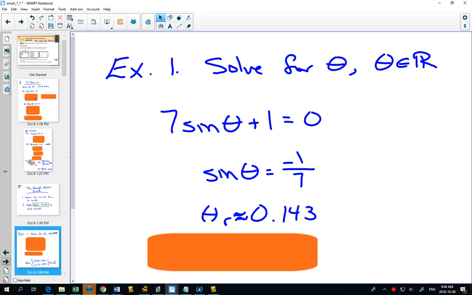The reason for that is if you type 1/7 into your calculator, 1/7 as a fraction is 0.142857 repeated. That's what 1/7 is as a decimal. And it's just pure coincidence that that's identical to what you get for your reference angle. So if I do 1/7 and I round to 3 decimal places, I will get 0.143.